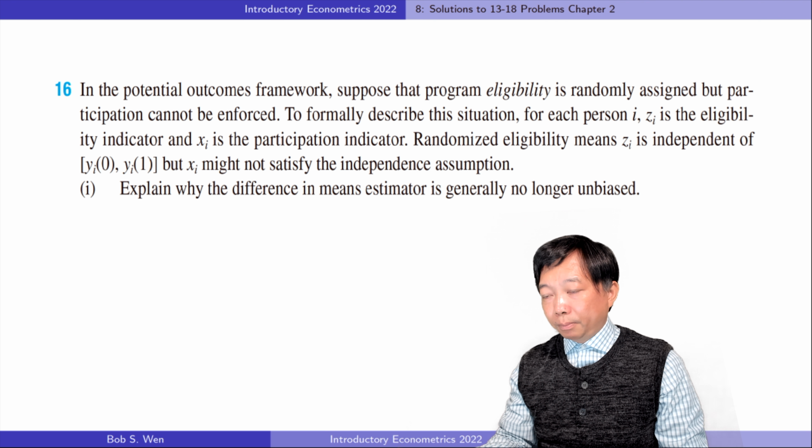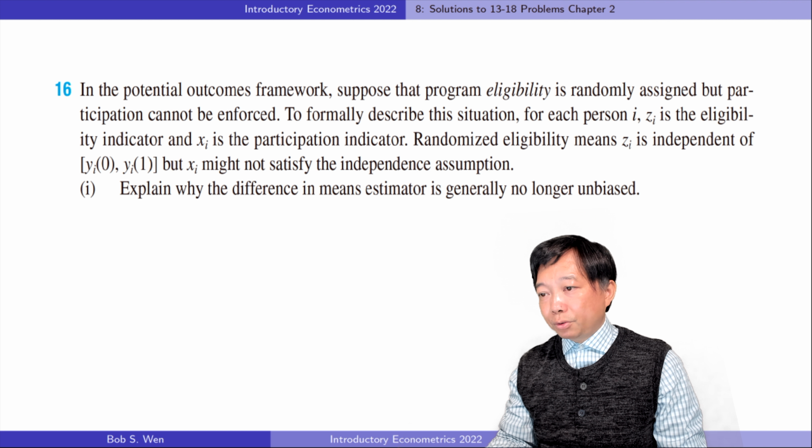Let's do problem 16. In the potential outcomes framework, suppose that program eligibility is randomly assigned, but participation cannot be enforced. To formally describe this situation, for each person i, Zi is the eligibility indicator and Xi is the participation indicator.